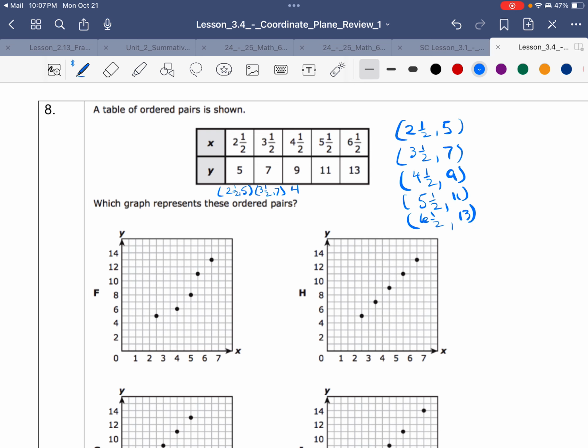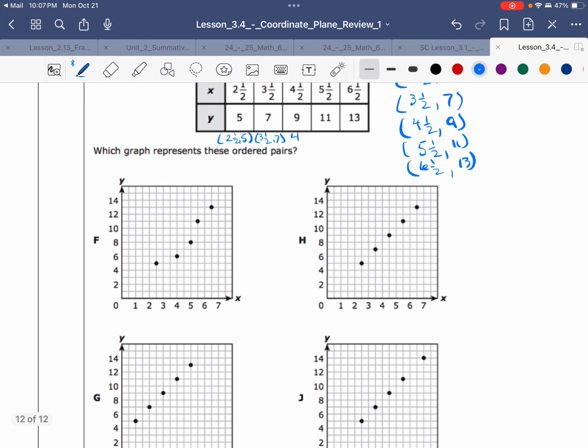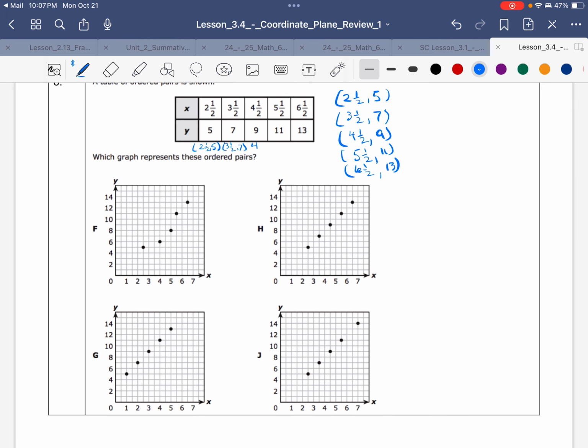Alright, so now let's look at these graphs. First one is 2 1/2 and 5. So 1, 2 right here in the middle, 2 1/2 and 5. That actually checks out, so that's potential. 2 1/2 lining up with 5, also potential. This first point is at 1 and 5. That's wrong.